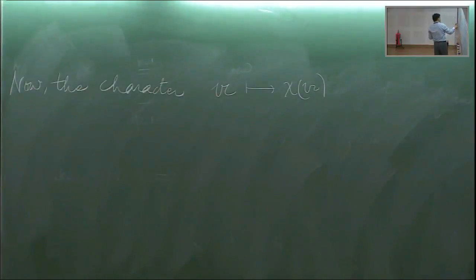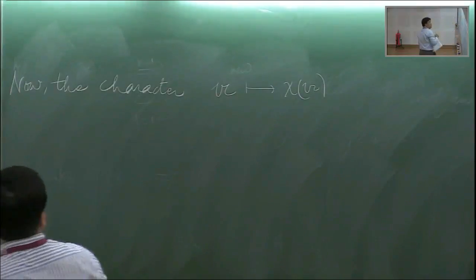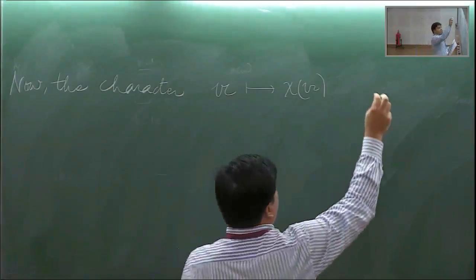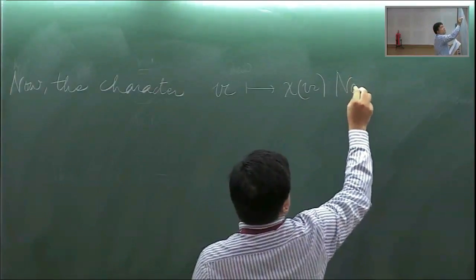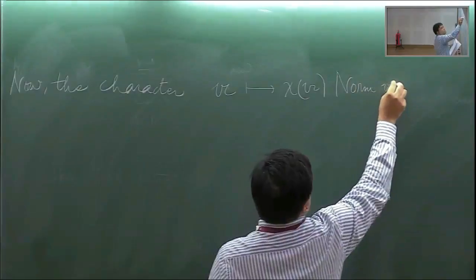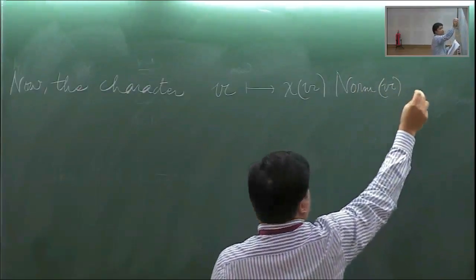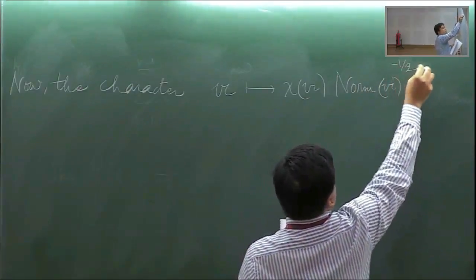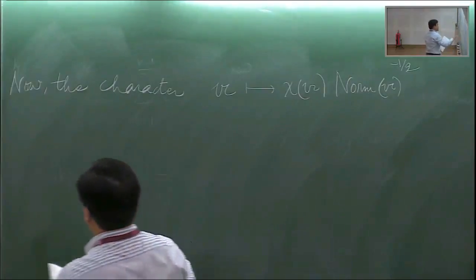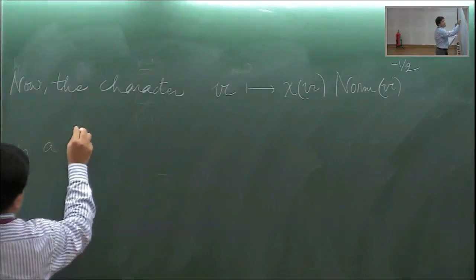Chi of A means chi of the idele A, times the norm of A to the power of minus half, minus 1.5.